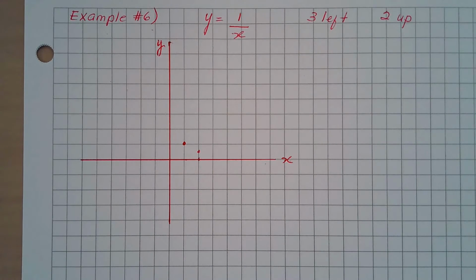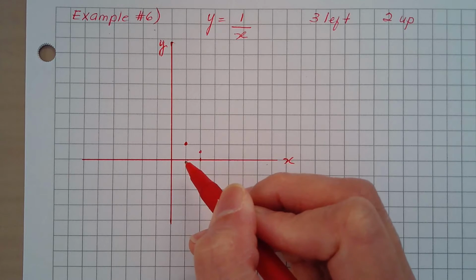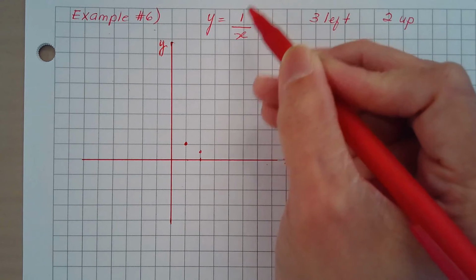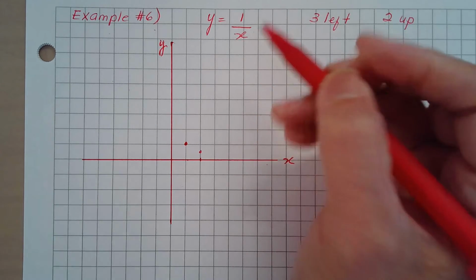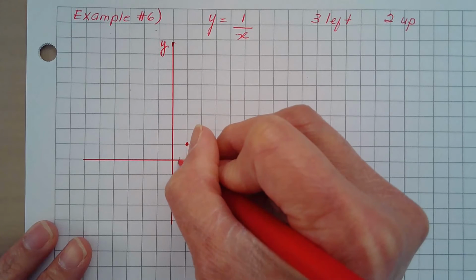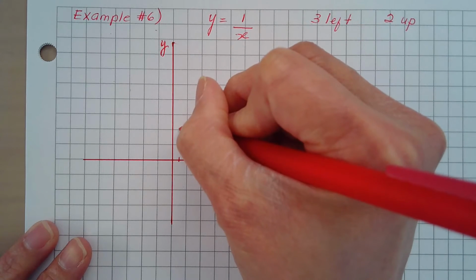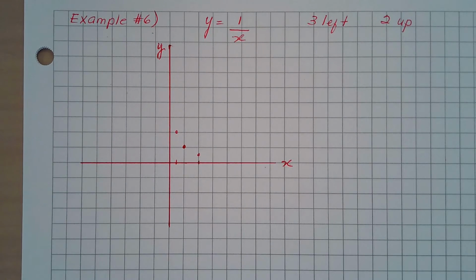Now, if x is half, it's going to be 1 divided by a half. Well, what's that equal to? 2. Right? 1 divided by half is 2.